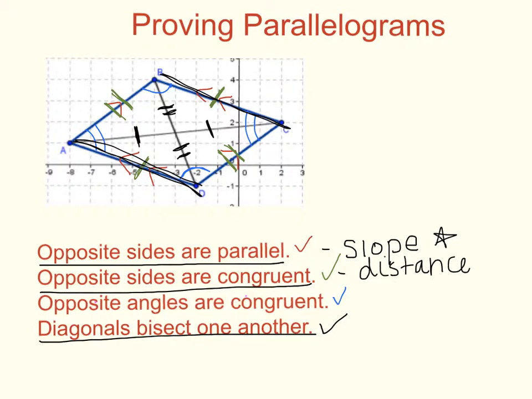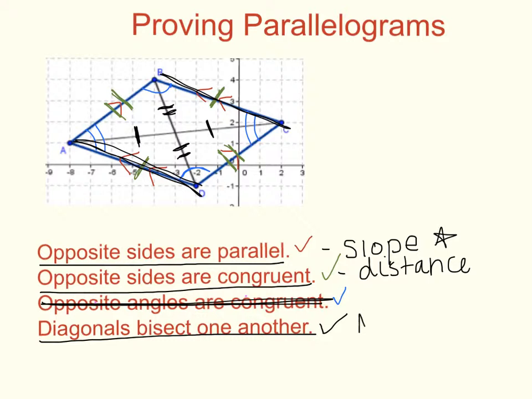Now, I'm going to cross out opposite angles are congruent because that's not really going to do anything for us in coordinate geometry right now. The last thing I could do is this: if it's a parallelogram, the midpoint of AC and the midpoint of BD have to be the exact same thing, because to bisect means to hit in the middle.